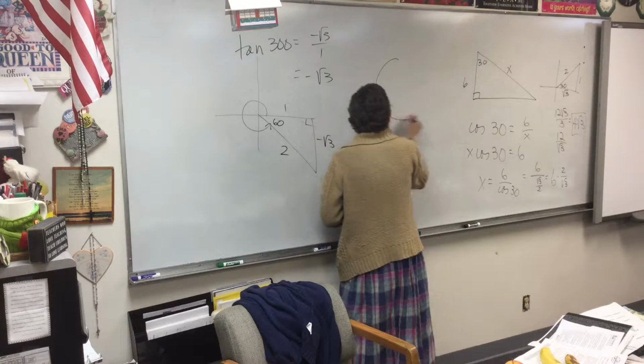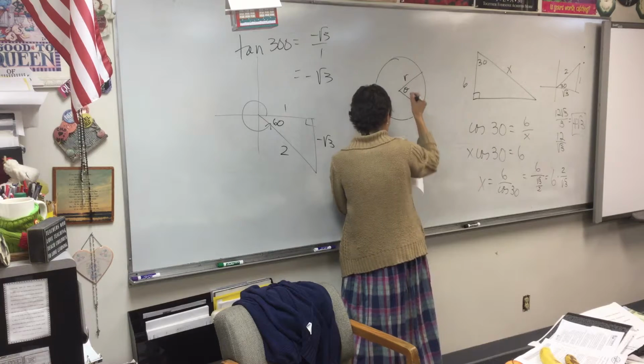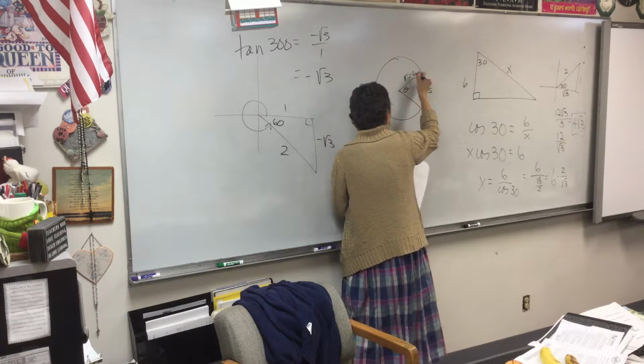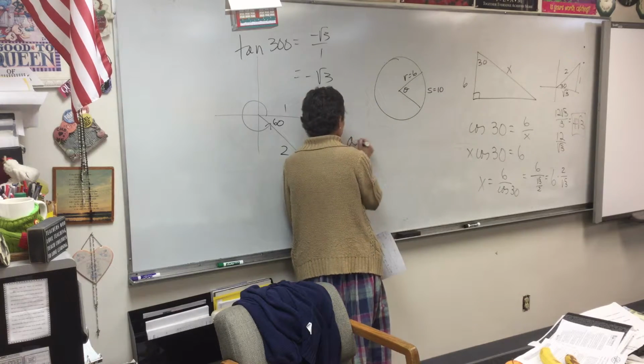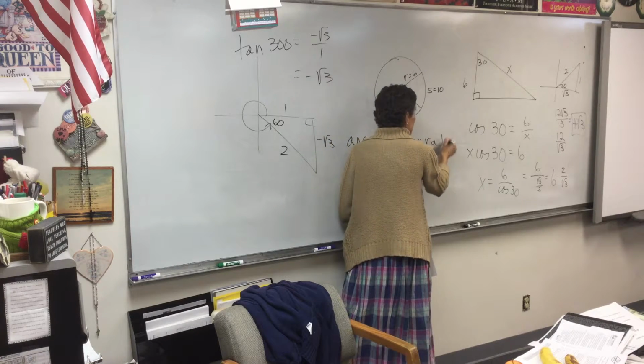All right, number 5. What do you think when you look at this picture and see all these letters? What do you automatically think? What pops into your head? Arc length equals radius times radians.